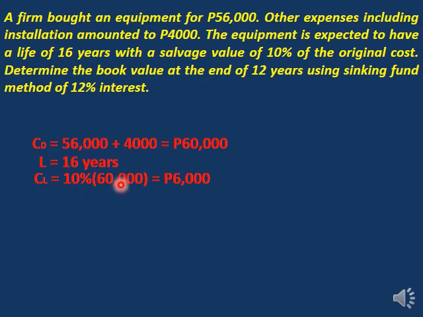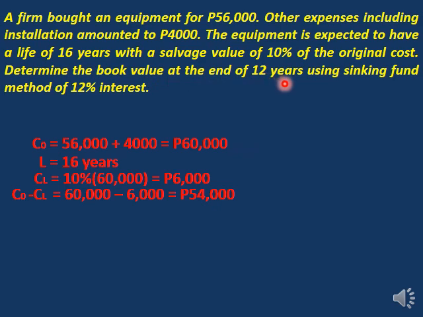The original cost is 60,000, so the salvage value is 6,000 pesos. So if we are going to determine the cost of service, we have the 60,000 less the salvage value, we have 54,000 pesos. Okay, the question of the problem is the book value at the end of the 12 years.